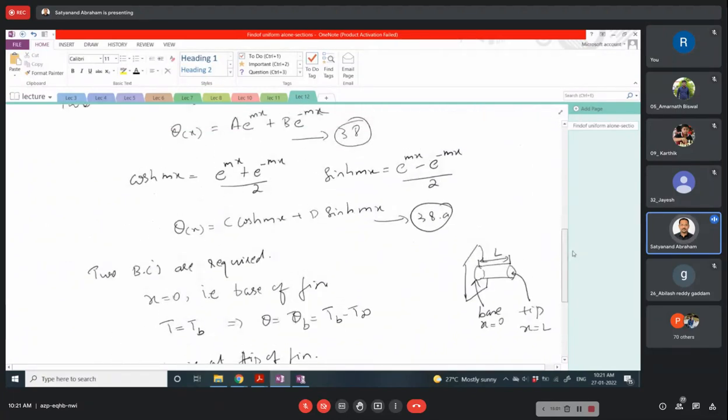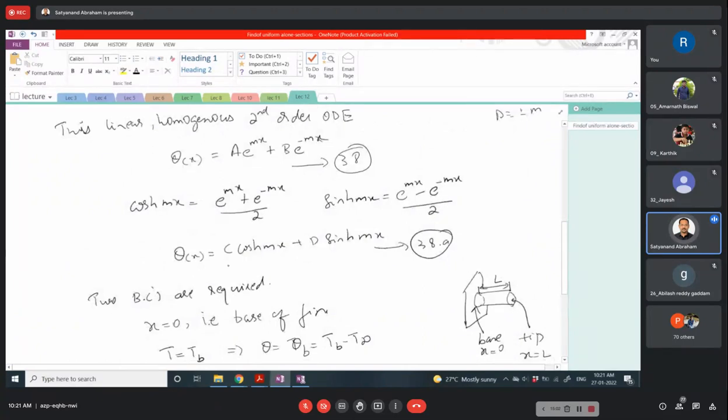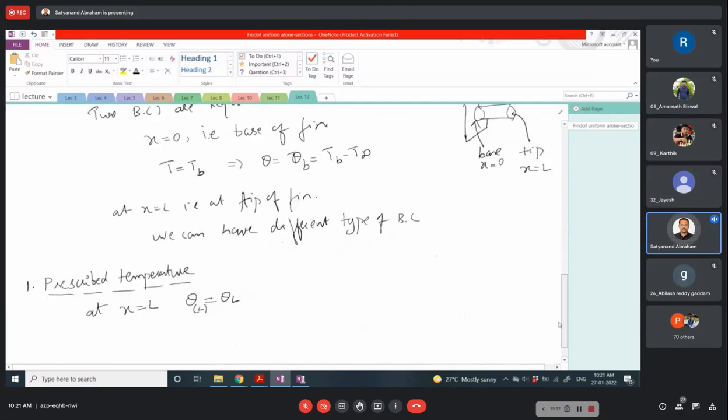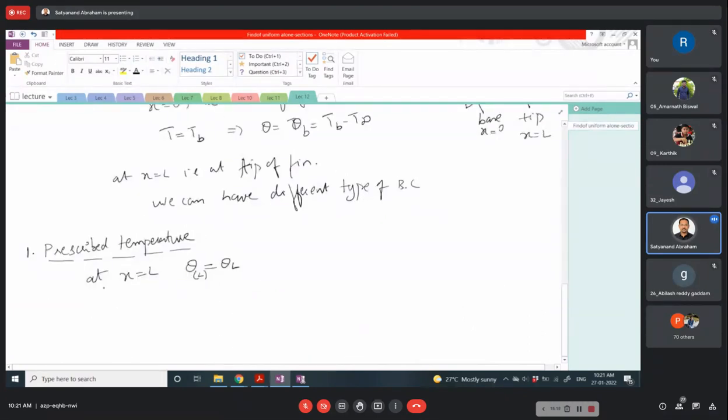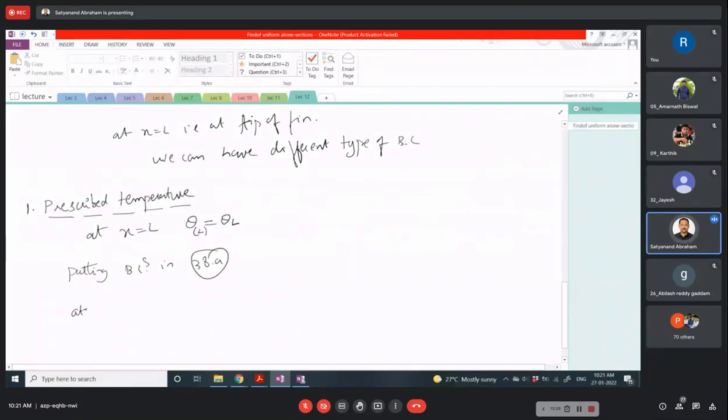We can see that it is easy to solve with the second equation, 38a. With these boundary conditions, it is easy to solve with this second one, so that's why we are going to use that equation. Putting boundary conditions in 38a, at x is equal to 0, theta 0 is equal to theta b.